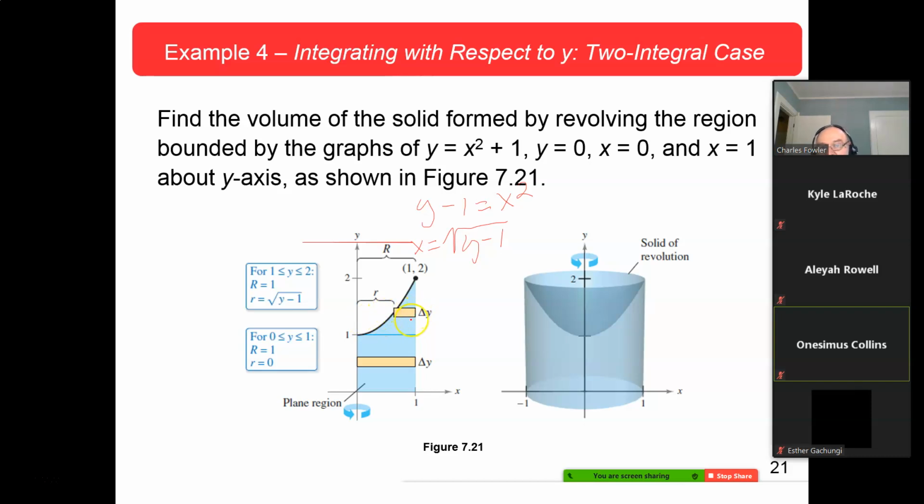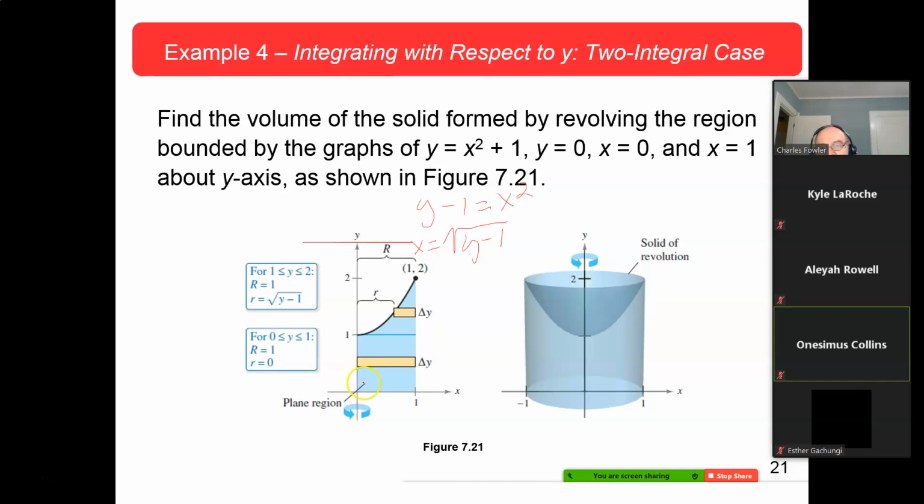The outer limit is just going to be 1. So 1 minus the square root of y minus 1. So that's going to be the only integration we really have to do. Like I said, you can do the other one just by knowing the formula for the volume of a right circular cylinder.